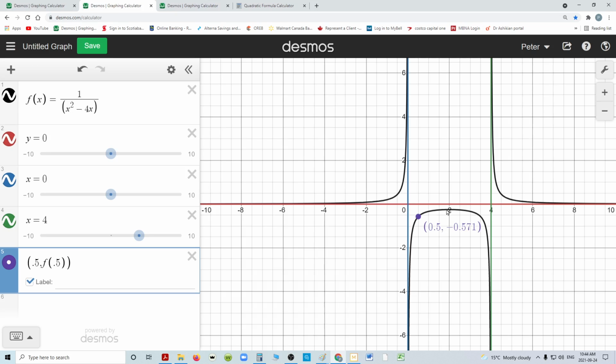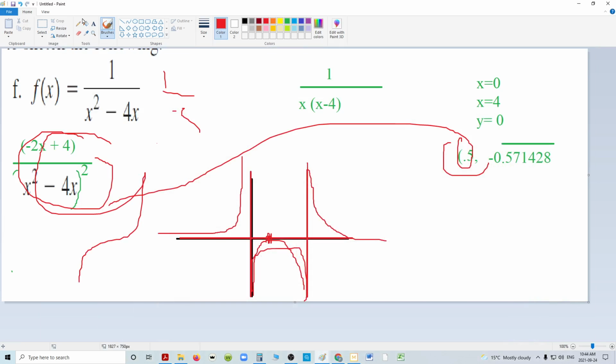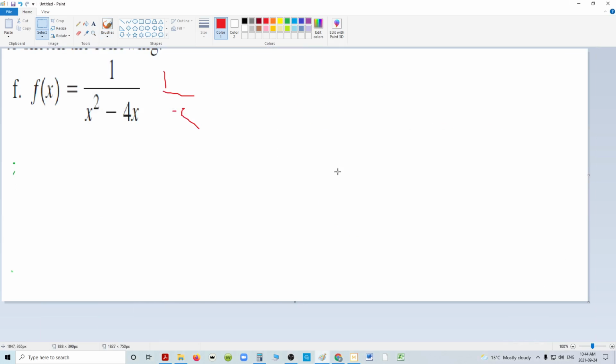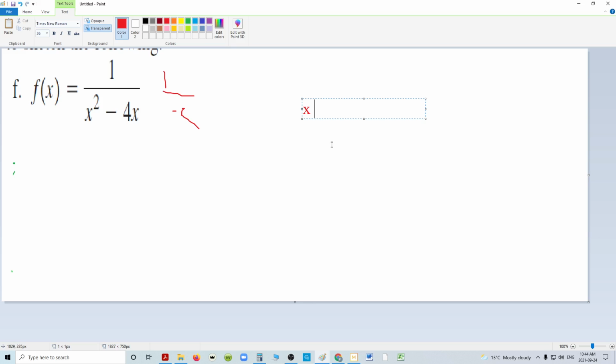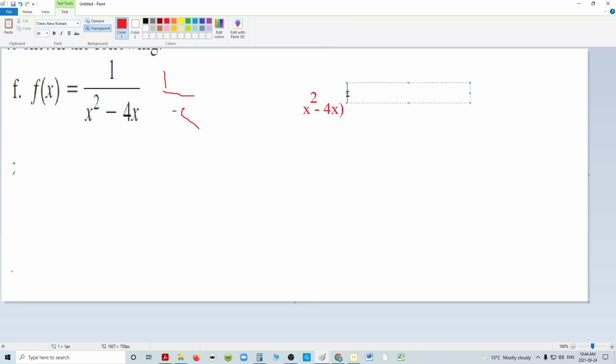It's clear to me that the 2 is the derivative, or the max point, but I'm going to go back and determine what I did wrong. So I did this part right. This is indeed x squared minus 4x to the minus 1. Which says chain rule. I have to multiply the minus 1 in front of the brackets.